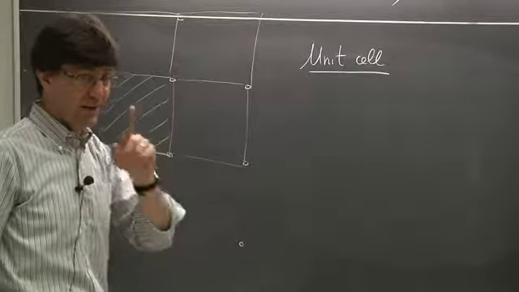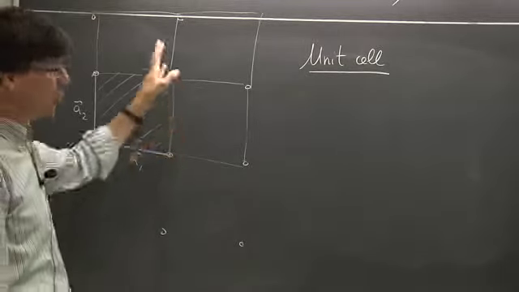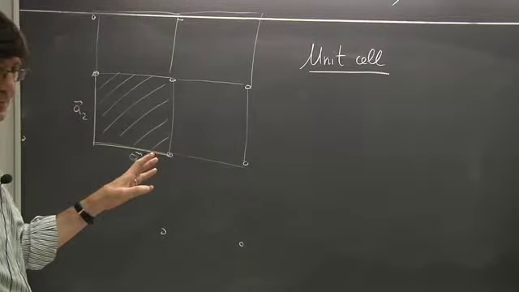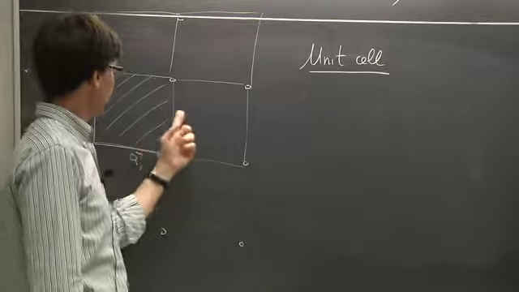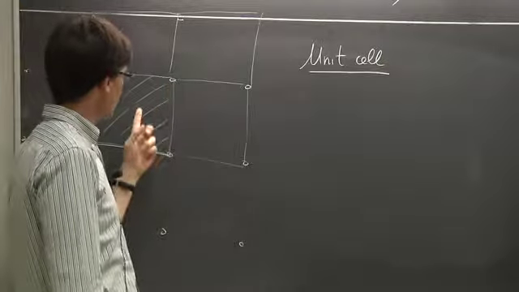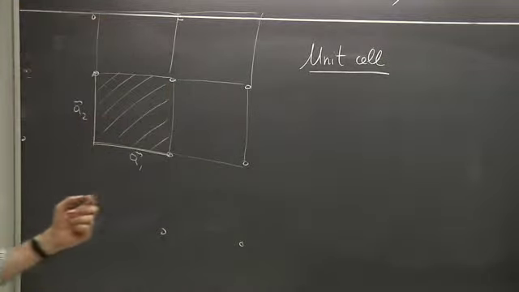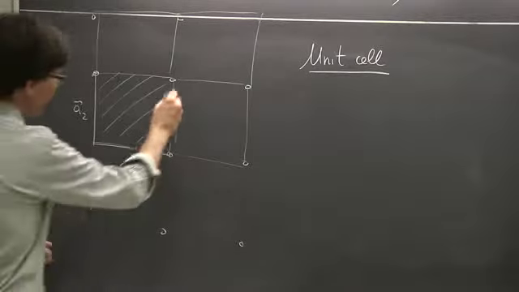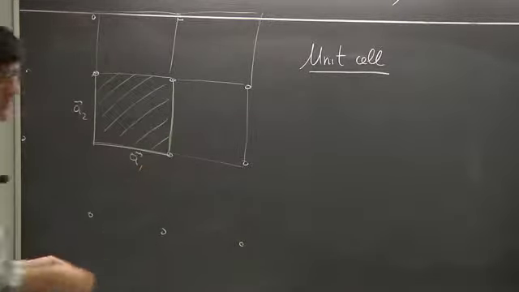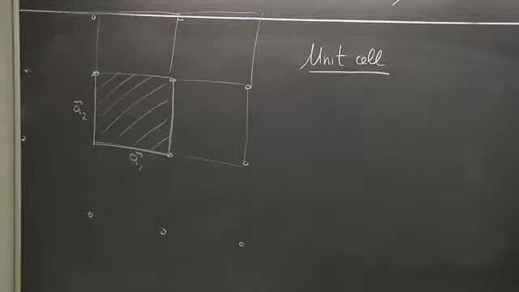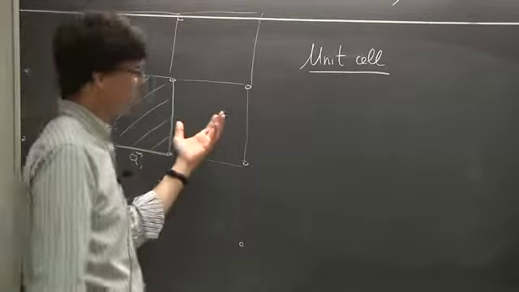And I'm going to fill it in a very clever way because I'm going to leave no empty space. And in addition, these unit cells, these objects, are not going to overlap with one another. Well, of course, with the exception of a region of zero measure, which is just the edge of the square. But we are physicists, we are not mathematicians, right? So we don't worry about regions of zero measure.